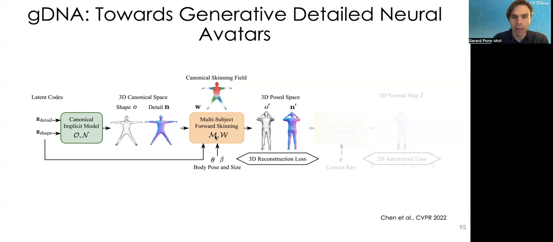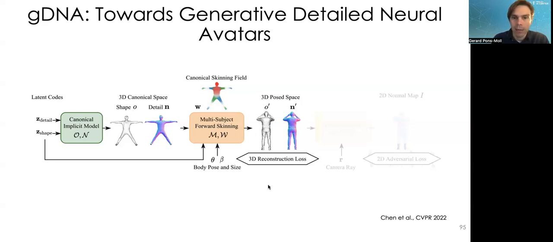There are different modules, one for the shape, which is M, and one for the skinning weights, which is W, and we'll describe them in more detail next. And this produces the posed occupancy, or implicit surface representation, as well as the posed normals.